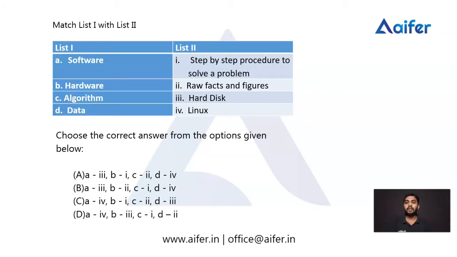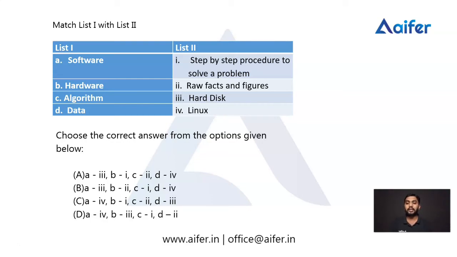And another question: we are given two lists, list 1 and list 2, and we want to match list 1 with list 2. In list 1, we have software, hardware, algorithm and data. In list 2, we have step-by-step procedure to solve a problem, raw facts and figures, hard disk, and Linux. We are given four options.